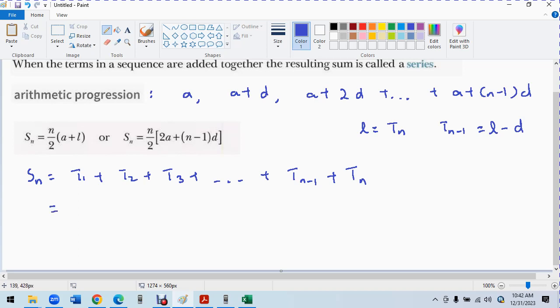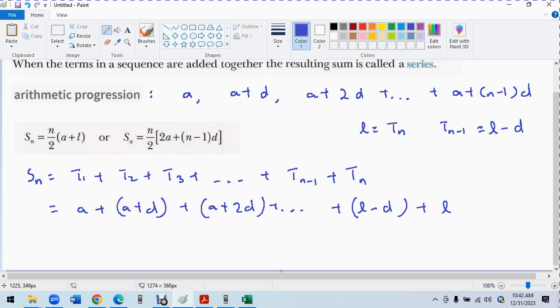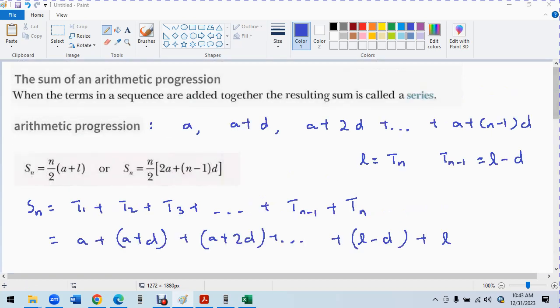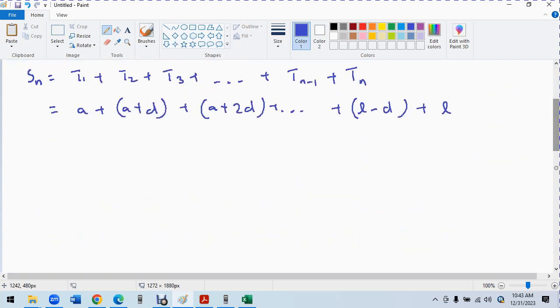So this one is a plus d, plus a plus 2d, until l minus d and l. This is the last term. So first term, second term, third term, last term, second last term. So this is the first equation.